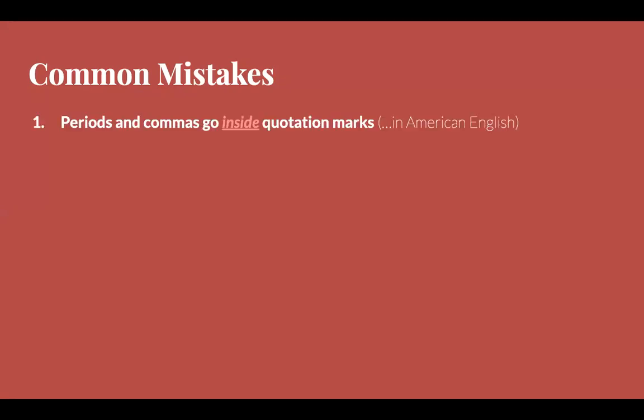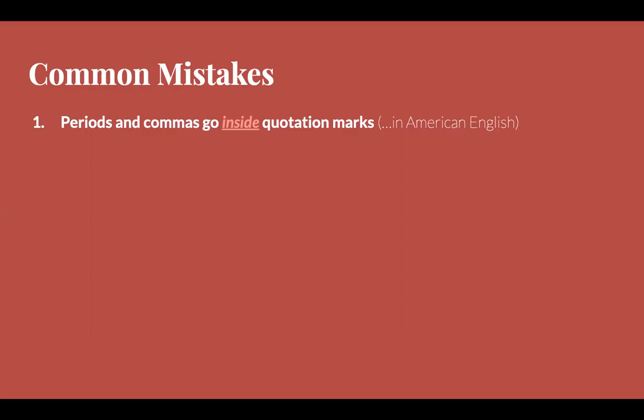Okay, so the first one is periods and commas go inside quotation marks in American English. So, Professor James Plumtree or something will probably have a heart attack because they used different rules in the UK. But I'm an American, and so I'm going to apply the rules that I know.